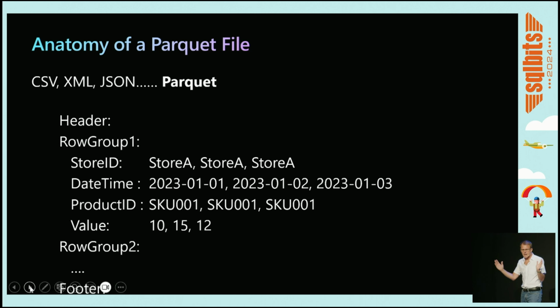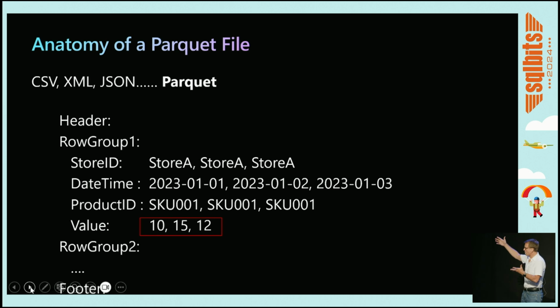We shuffle things around so that if I happen to have the word store A 3 times in a row, rather than write it out 3 times, we might just say store A x3, or whatever the code equivalent of that. But you can see if I wanted to do a sum of the value column, I can skip a huge section of the file. I can just jump to that column, quickly get those numbers, and perform a sum.